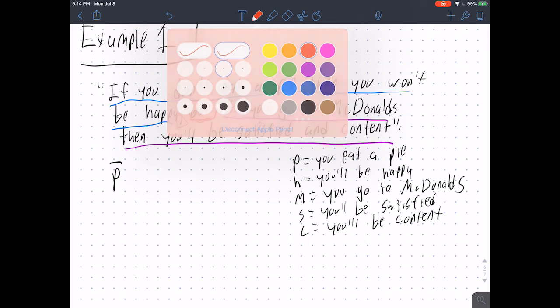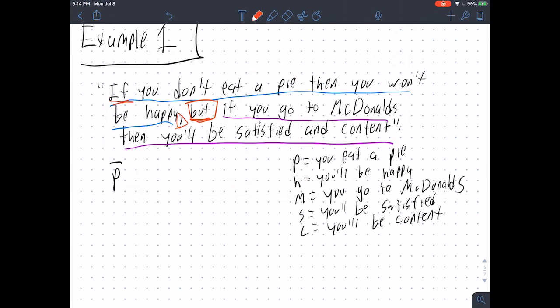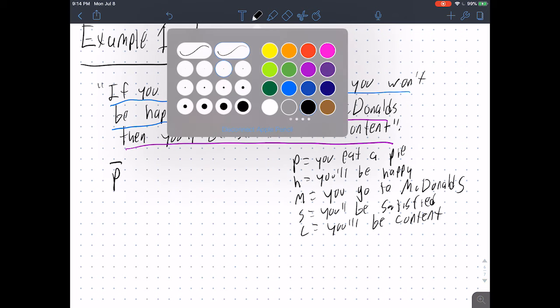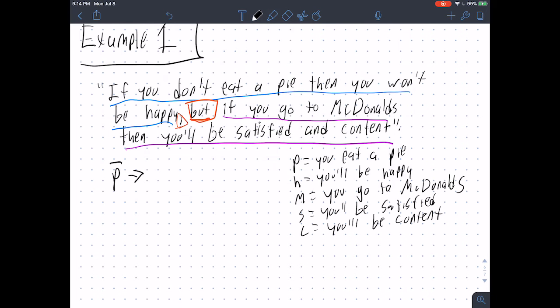We see that there's an if and a then right there. And so we know it's a conditional. So it'll be if not P, then, so we have H here for you'll be happy. Obviously, you won't be happy is the negation of you'll be happy.